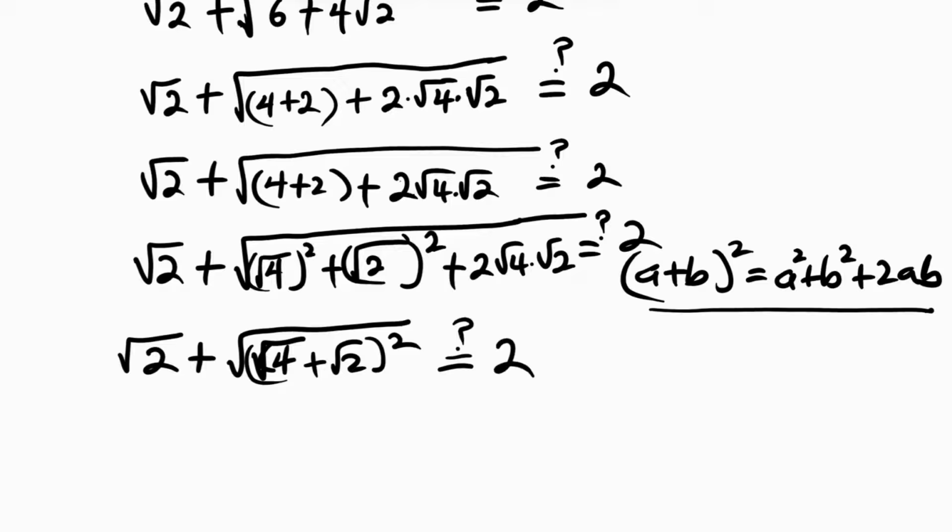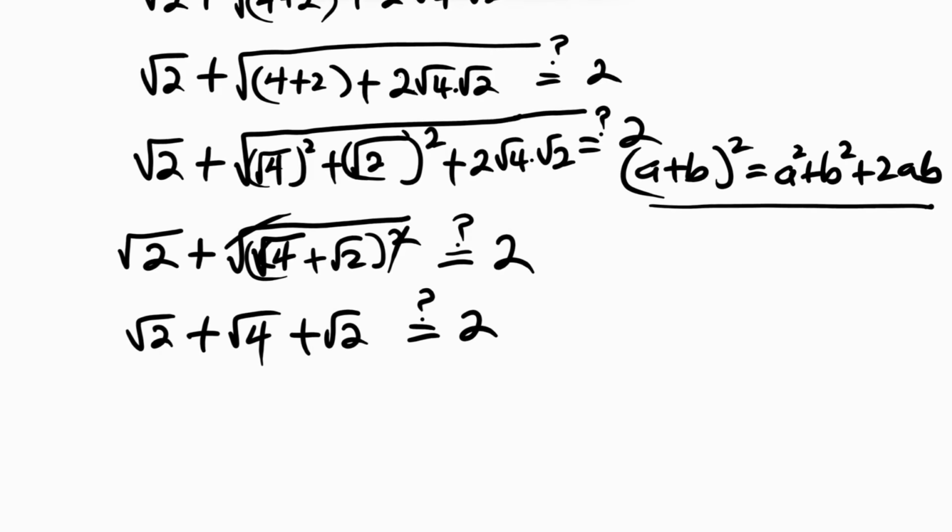And we're trying to see if that's going to be equal to 2. So here we have root 2 plus, the 2 cancels the square root, and then we have root 4 plus root 2. Let's see if that's going to be equal to 2.